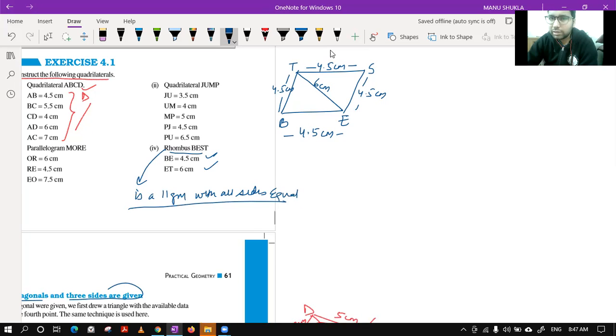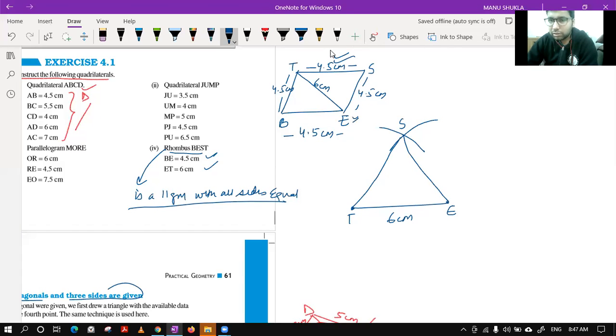Now I think it is clear to you, Ananya. You will go in the same way. First you will draw TE, that is a diagonal, as 6 centimeter. Then, keeping on point T, cut an arc of 4.5 centimeter like this. Then from point E, you will cut the same arc of 4.5 centimeter to get the point S. Then you will join these two and you have got the upper part of the rhombus.